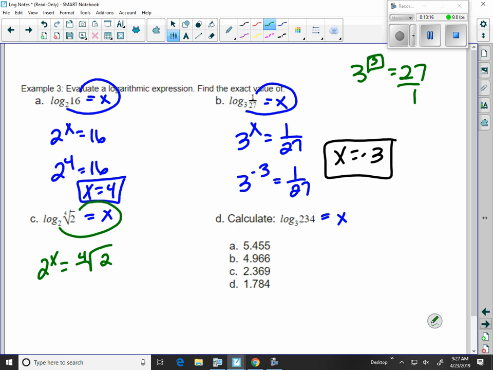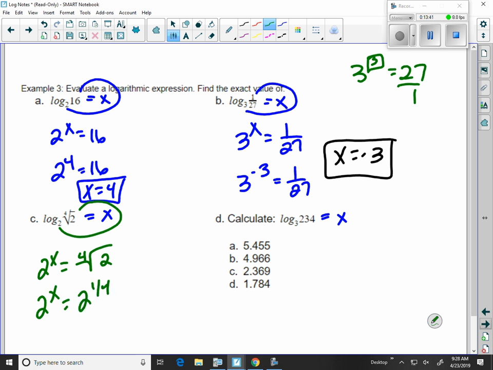Square root is the same thing as x to the 1/2. So if I have the 3rd root of x, that's like x to the 1/3. So if I have the 4th root of 2, that's 2 to the 1/4.